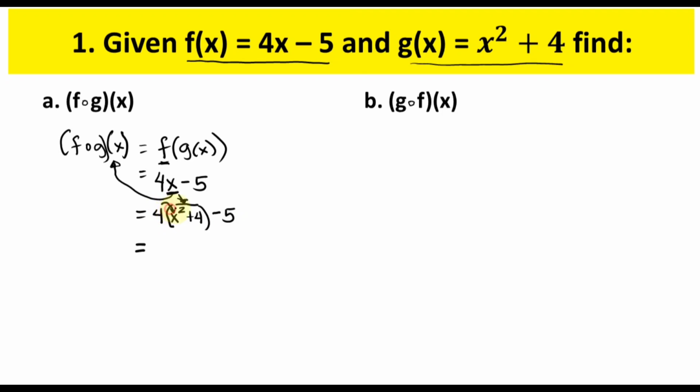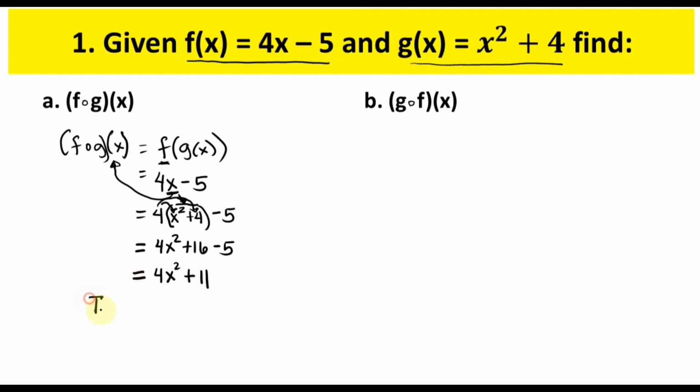So 4 times x squared, that is 4x squared. Then 4 times 4, that is positive 16 minus 5 equals, simplify or combine like terms. So that is 4x squared plus 11. Okay, so ito na yung value natin.